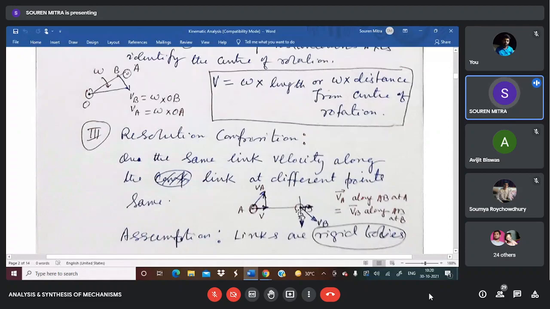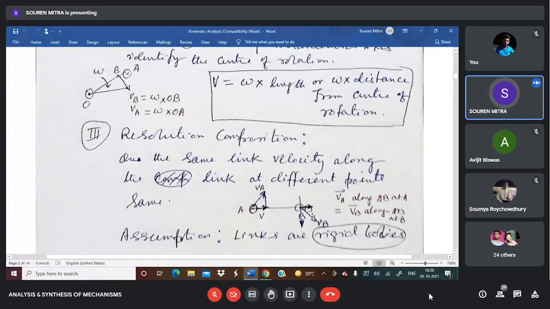So at point B, where we want to determine the velocity, we must also have an axial component as well as a perpendicular component. Now, this method tells us that the axial component, the component of velocity along the link, will be the same at all the points on the link because they are considered as a rigid body. So whatever velocity at A along the member, the velocity at B along the member will be the same. So this part and this part will be the same. This component and this component will be the same.